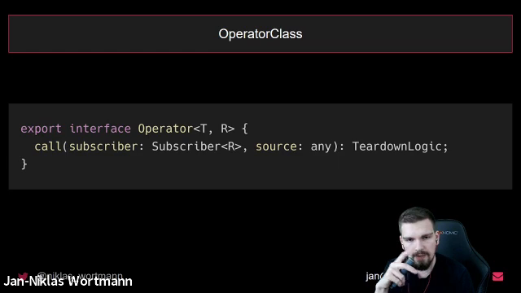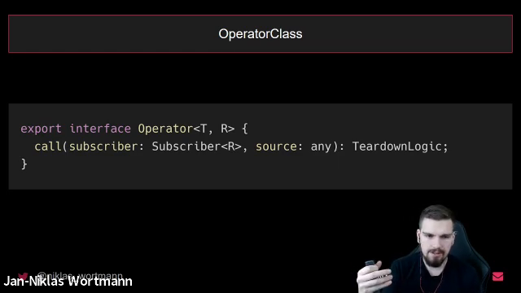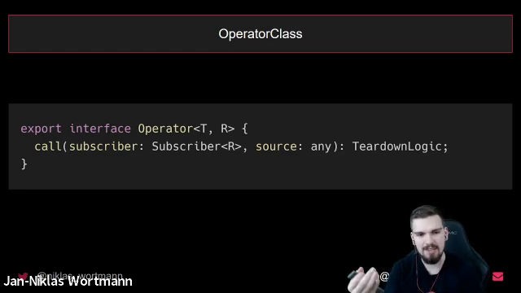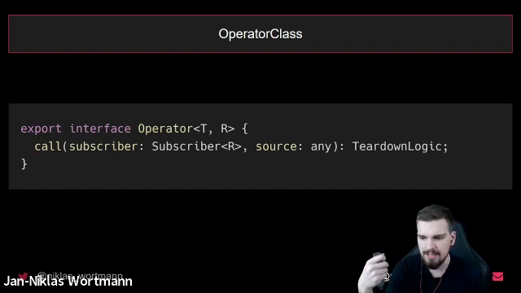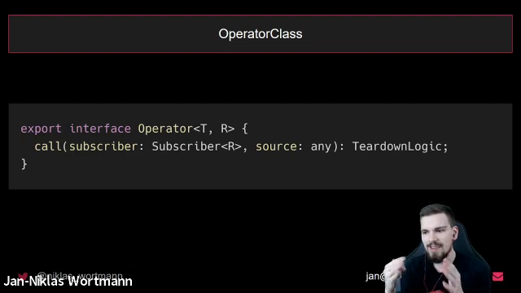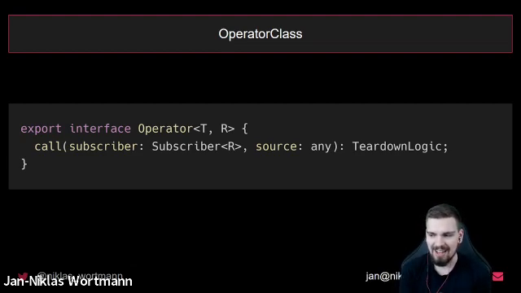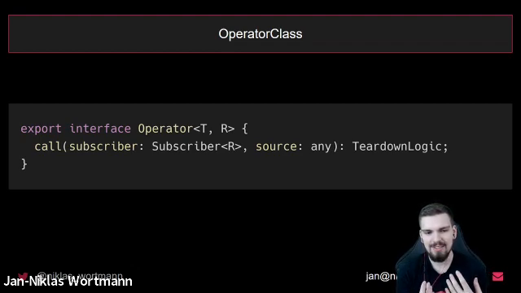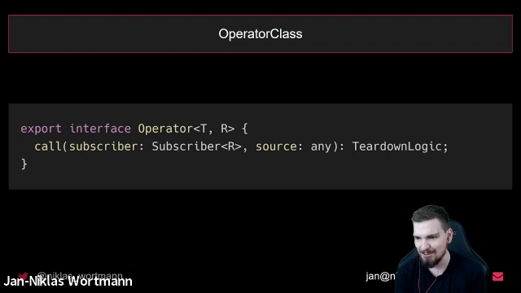So let's take a look at the operator class. It's kind of interesting that RxJS uses all those interface implementations. The RxJS code base is designed to provide reactive programming for JavaScript, and it's fairly functional when you use it, but the code base is so object-oriented.